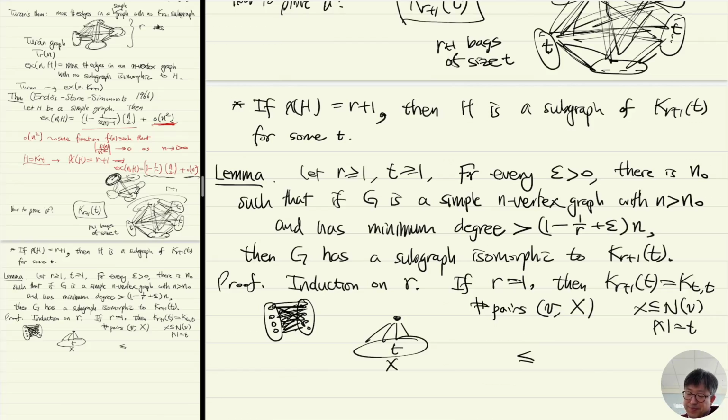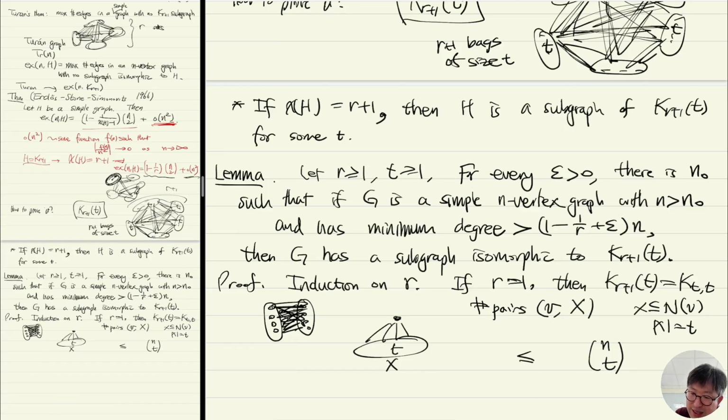How big is it? Well, I can first choose t vertices. So this is when I sum over x. I pick a set of size t. And then these vertices have at most t minus 1 common neighbors. Right?